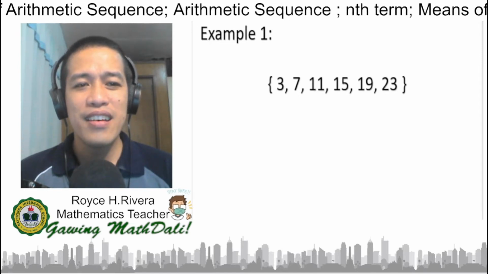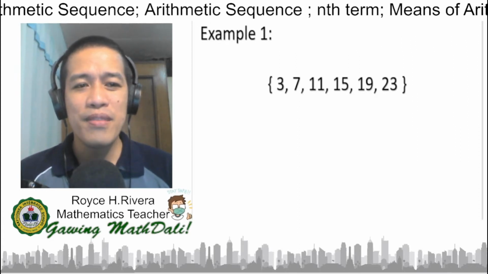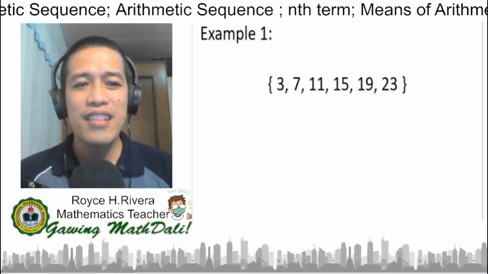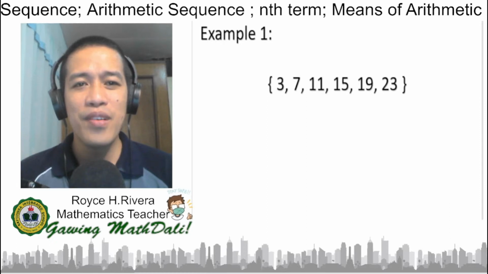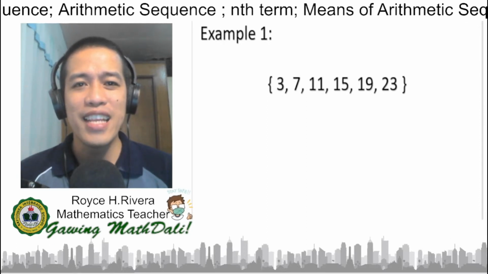To get the fifth term, we need to add 4 to 15 to get 19. And to get the last term, the sixth term, we need to add 4 to 19 to obtain 23.